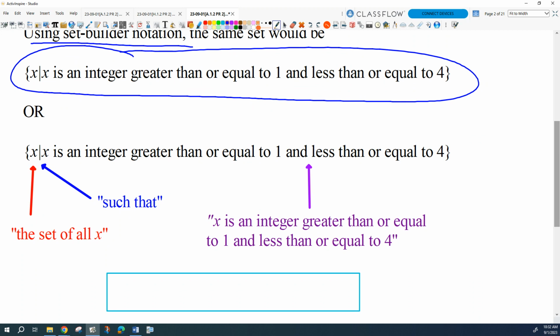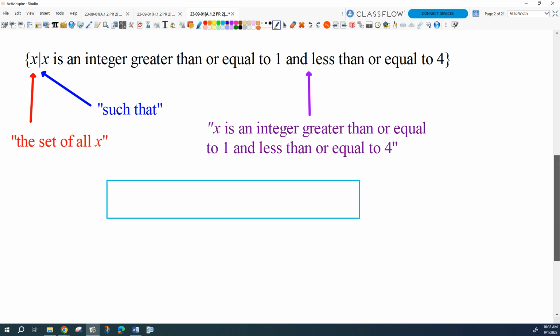In math, all you need to know is that always stands for the words such that. So we would literally read this as saying the set of all x such that x is an integer greater than or equal to 1 and less than or equal to 4. It's telling us how are we describing this, with what kind of a variable, and then using that variable, what's our definition? That's all it is. Okay?